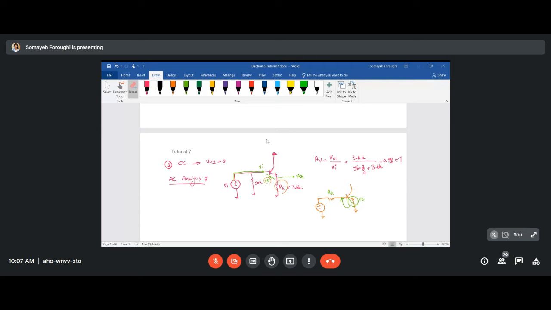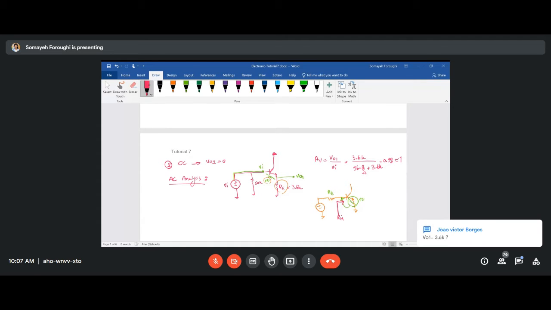Don't you need to have them on the R pi side regardless, because you're looking for the input resistance from the point of the base, not from the emitter? If you were looking at R in here, yes, you should bring RE up to the base, and then it will become RE times (1 plus beta), which is R pi. If you were looking from the base, yes, you would have to bring everything back to the base.